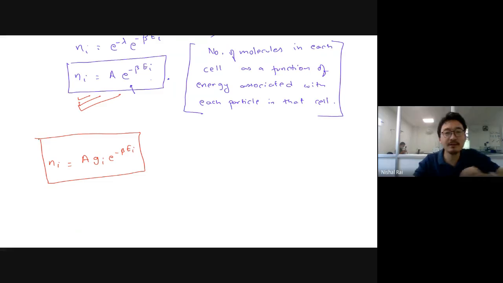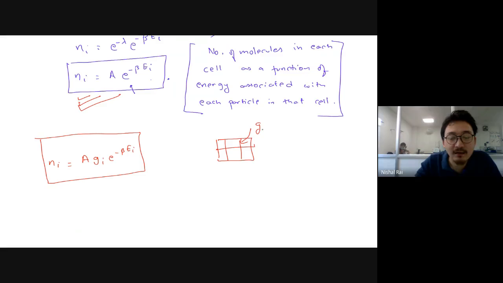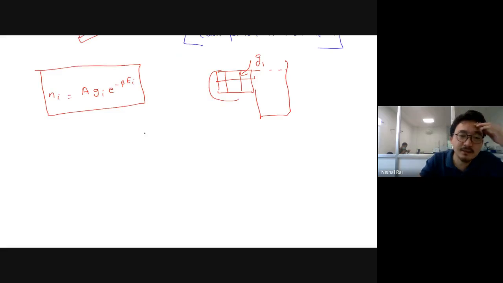Do you all remember when the cell was of different size? The size of the cell was given by what? Z. Z1. Another cell was Z2, which was of this kind of size. Do you all remember? Basically, for a given Gi, if this size is larger, let's understand it physically. Let's consider a system where all the cells were of equal size.